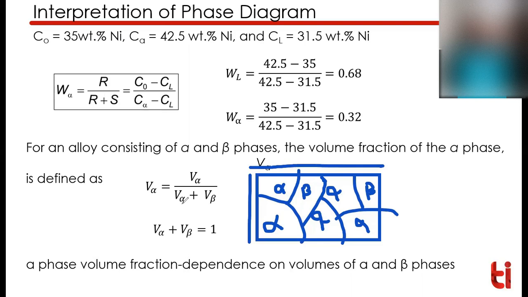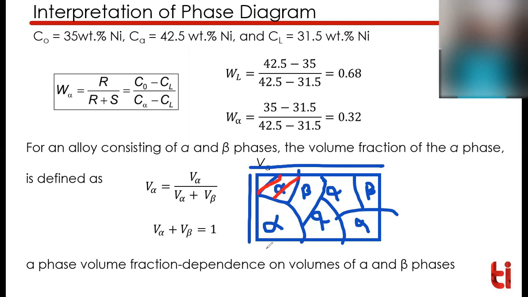That can be taken as equivalent. So V alpha plus V beta comes from the total area, and for V alpha you measure the area of every alpha grain.